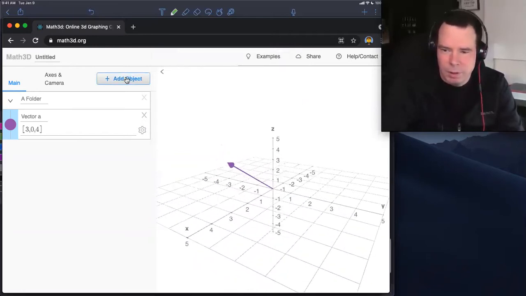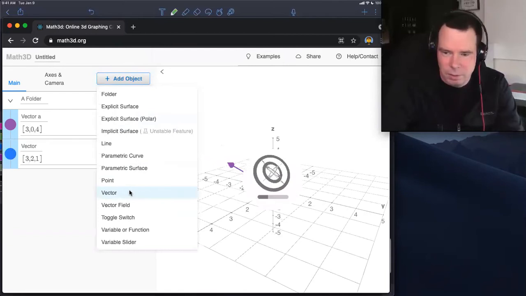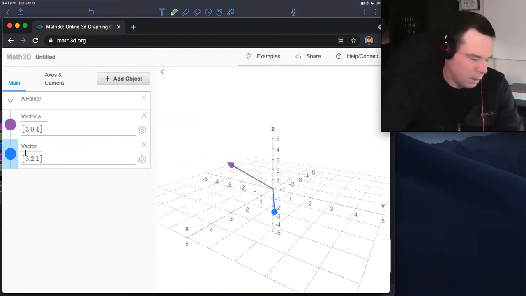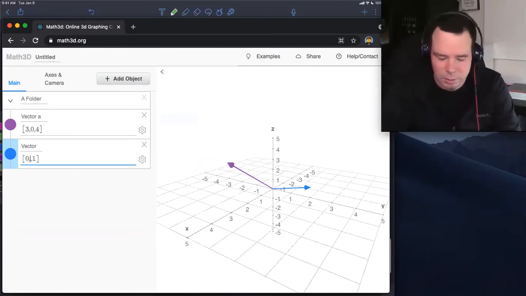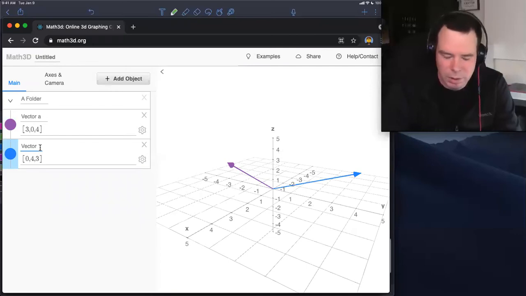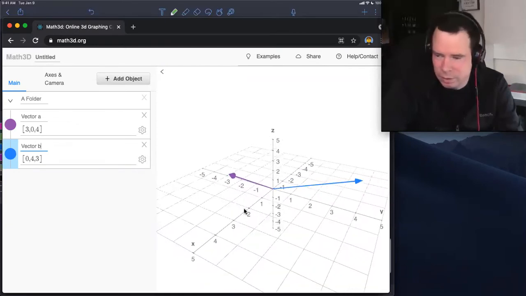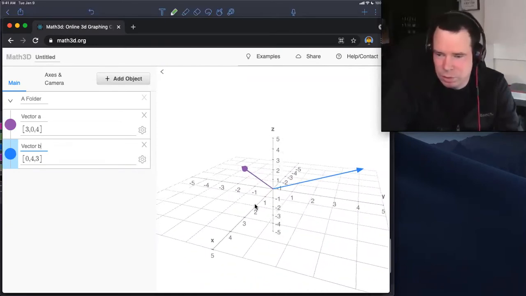And now we need to plot another vector. So the other vector is going to be 0, 4, 3. That's our vector B. And we can color, I colored it blue in my notes, so we can leave it as blue. So these are the two vectors we're interested in.